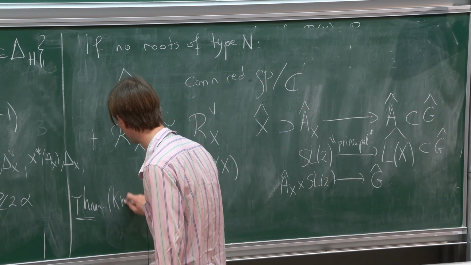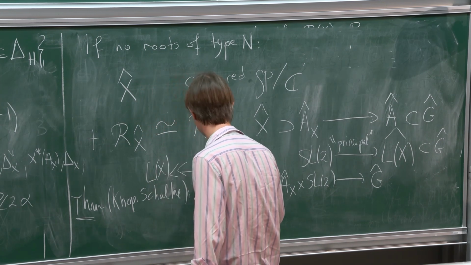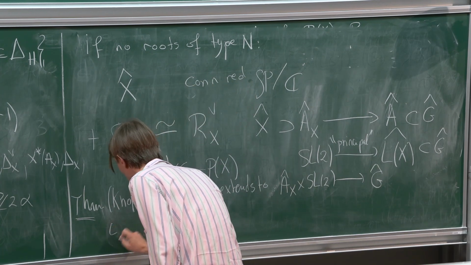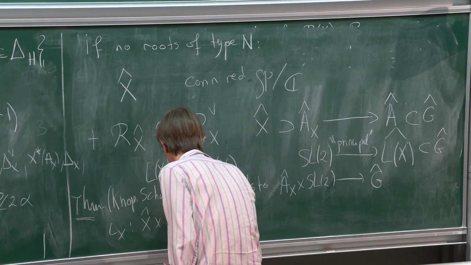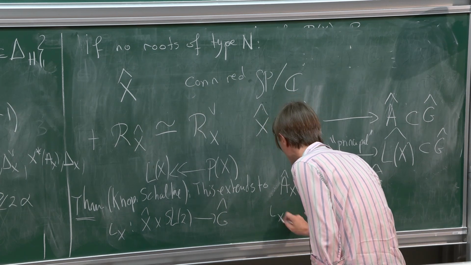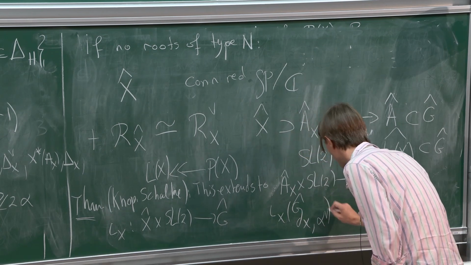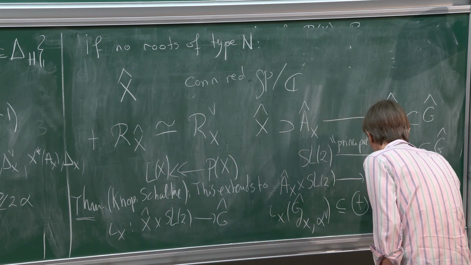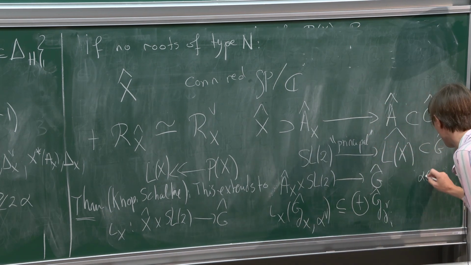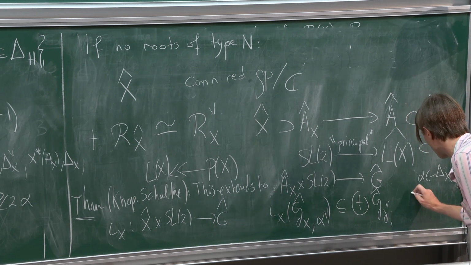And this was proved by Knop and Schalke. This extends to a morphism that we denote by iota X, with one condition, which is that it should send the root space associated to alpha, where alpha is a spherical root, to the sum of the corresponding root spaces for the co-roots associated to the roots.